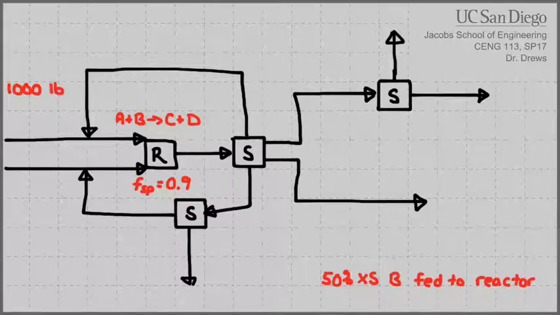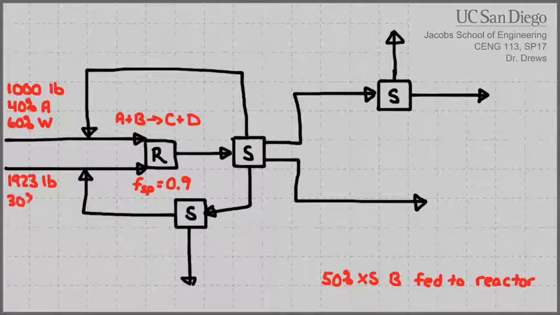So let's just say 1,000 pounds, and it consists of 40% A and 60% water. The fresh feed of the next stream down is 1923 pounds. Not sure how they came up with that particular number. And this consists of 30% B and 70% water.